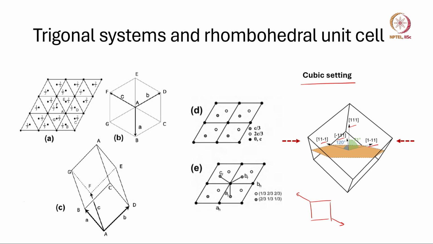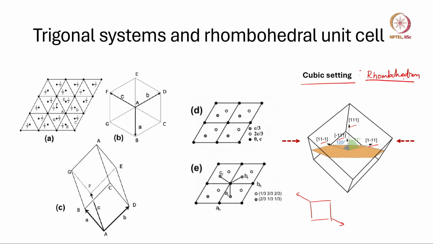Similarly, if I take a cube and I pull it along one of the body diagonals, I am losing the 3-fold axes of symmetry about the other body diagonals, whereas I retain the one along which I stretch. So what I end up getting is what is called a rhombohedral.